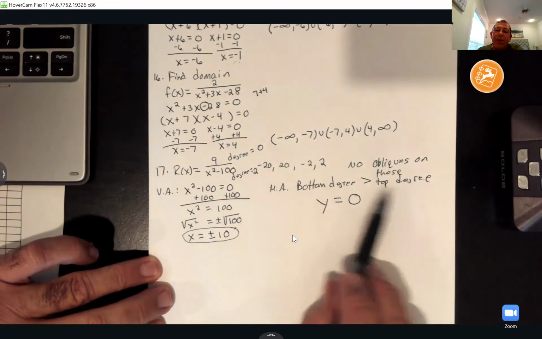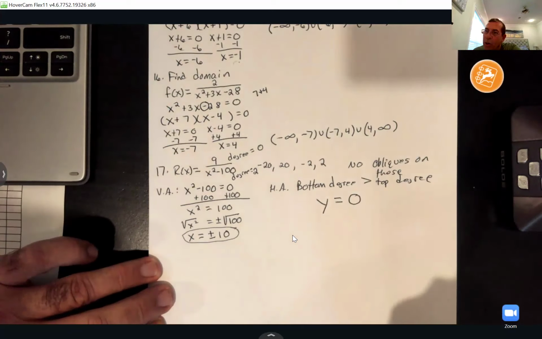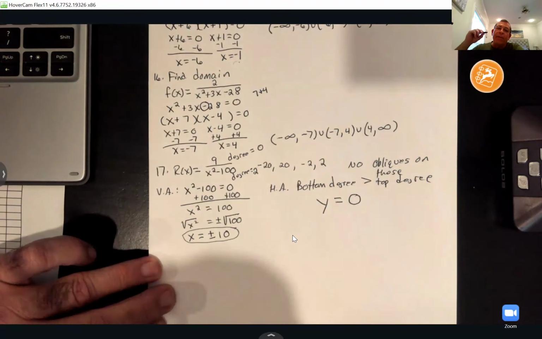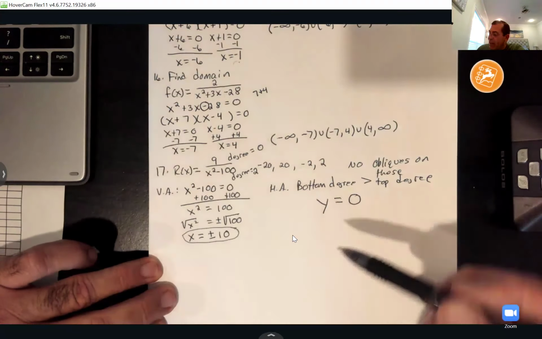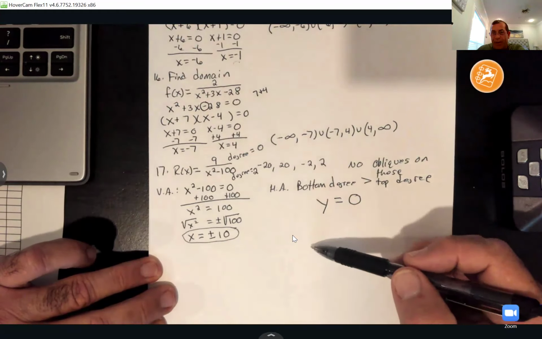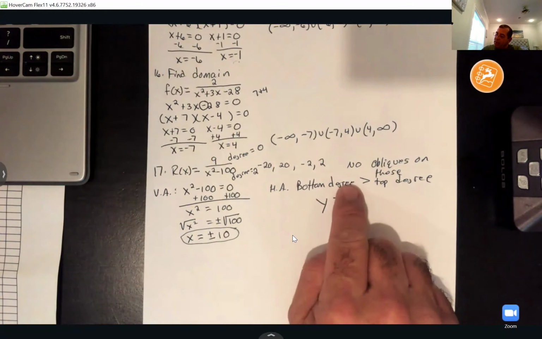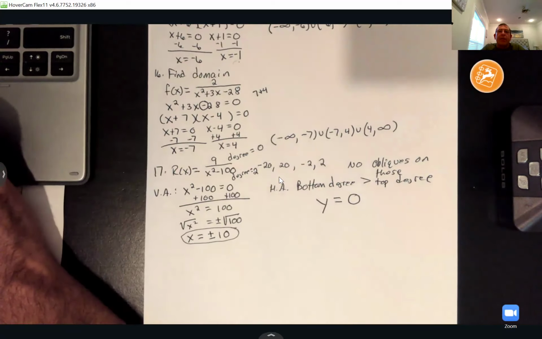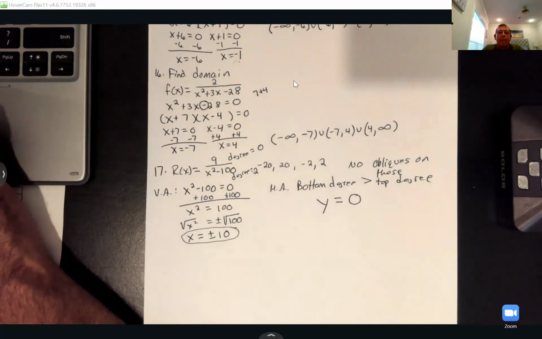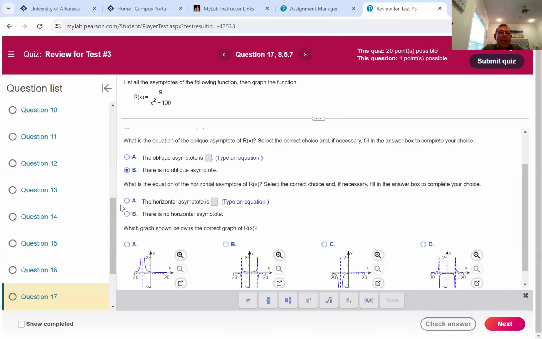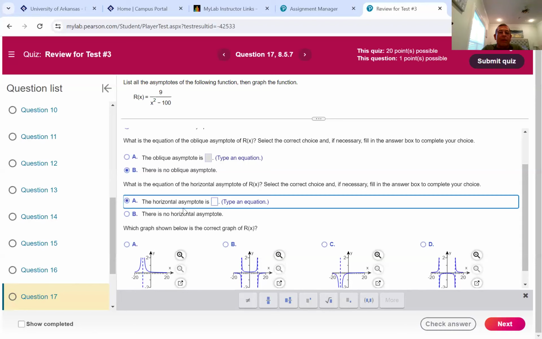Now, if the top's bigger than the bottom, there's no horizontal asymptote. If they were equal, then I look at the numbers in the front, okay? But the bottom's bigger, it's going to be y equals 0, so we're going to go put that in. And we got to type an equation on that one. So click that and put in y equals 0.